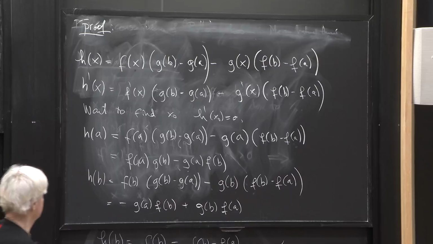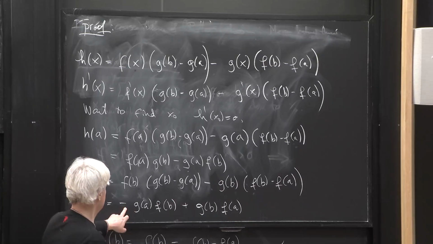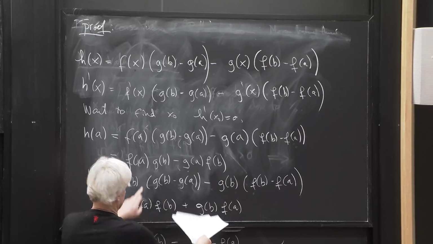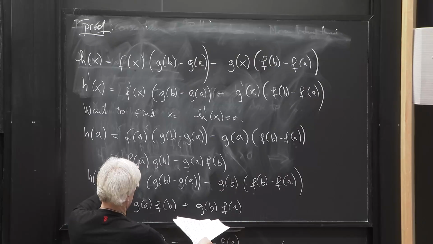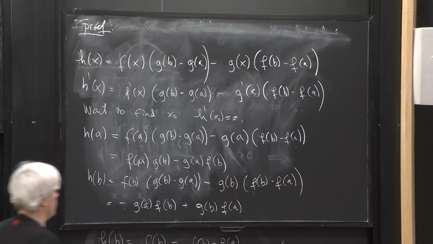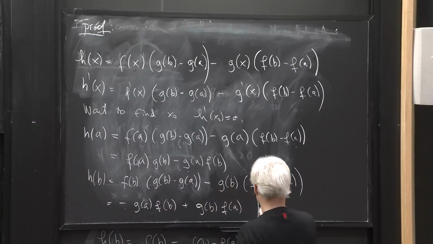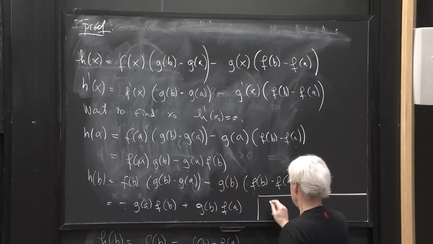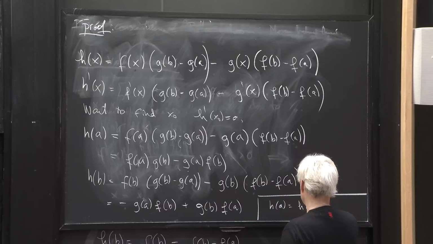Right, that's right, sorry. And now you see that this is the same as that, and these two here are the same, right? So we conclude from this that h of a is equal to h of b, right?